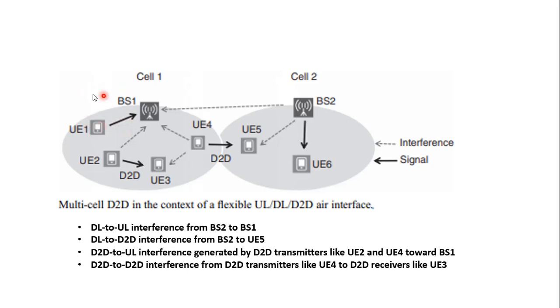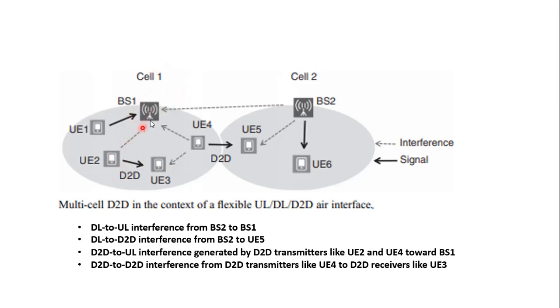So the first one, base station and the user interface, has no interference whatsoever. This is one cell and this is one cell. Now if you go for user interface 2, it has a close proximity with user interface 3. So a D2D connection is established between user interface 2 and user interface 3, whereas there is also an interference with the base station.